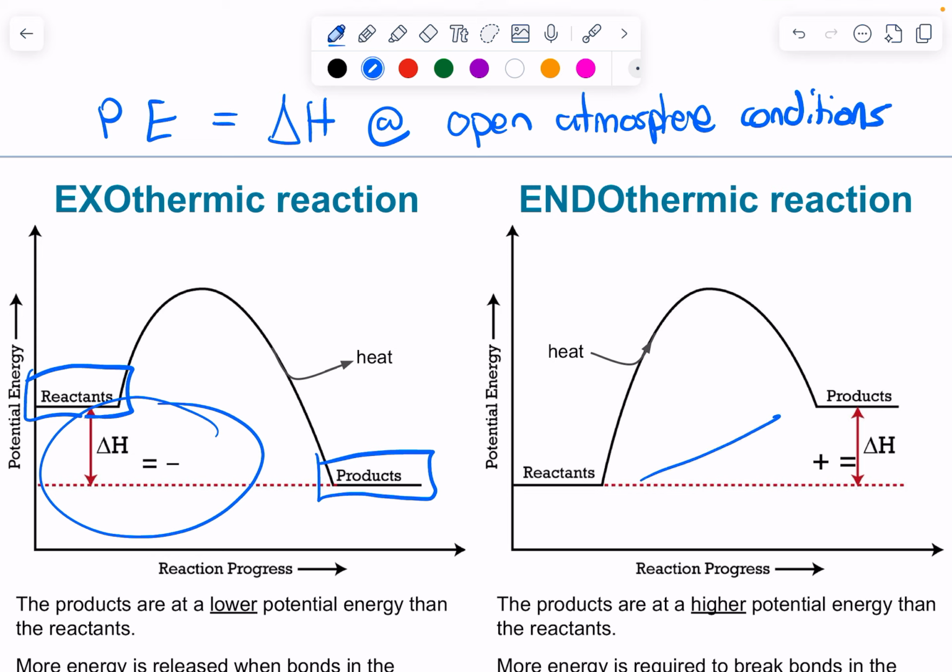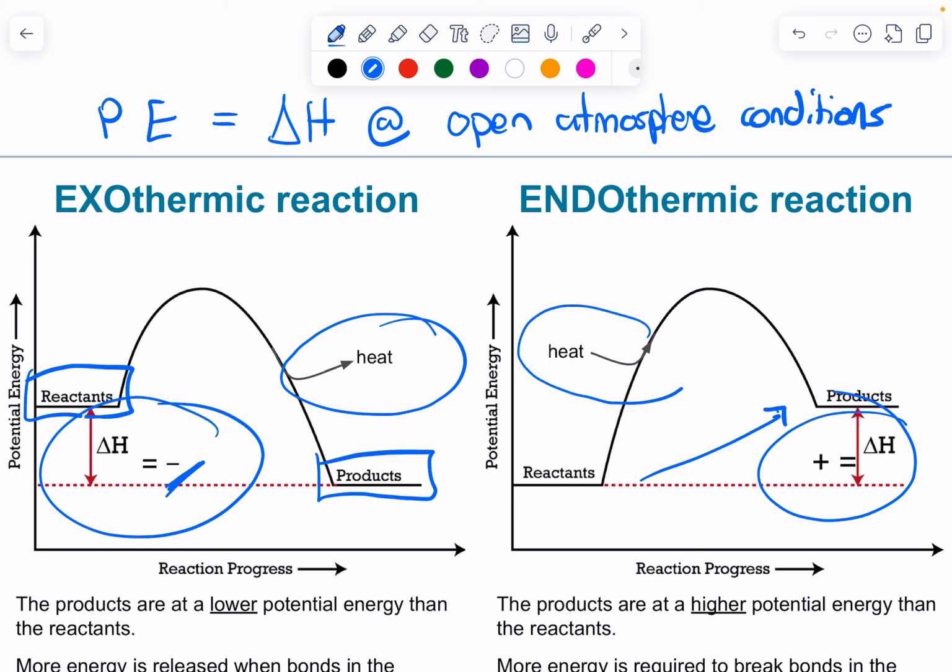And if we go up in potential energy, then our enthalpy change should be positive. Same thing with the one where energy is coming out, where we're going down in potential energy. Another way of saying that is heat is coming off of the reaction, or being emitted. For one where the potential energy is going up, heat is going into the reaction, or being absorbed.